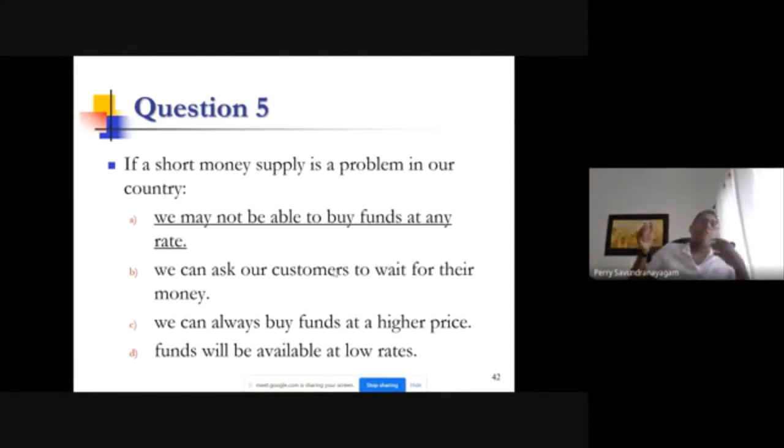Even if you say, look, I'll give you 30% when the market is 20, people might not want to give it to you because your creditworthiness has gone down. Yeah, especially in a short money supply situation. If for any chance you can't get money and you're stuck like that, then you have to go to the central bank and take it as the lender of last resort.